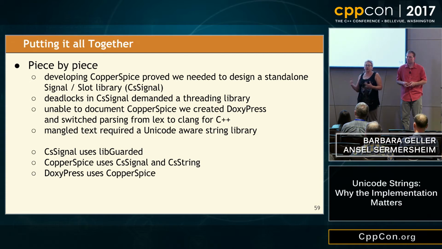We're also going to be able to remove some of the wrapper classes and some of the complexity internally. We have already done some studies, and we're expecting to see the internals of DoxyPress in many places shrink by 50% because so much of our internal strings are ASCII and Latin 1.